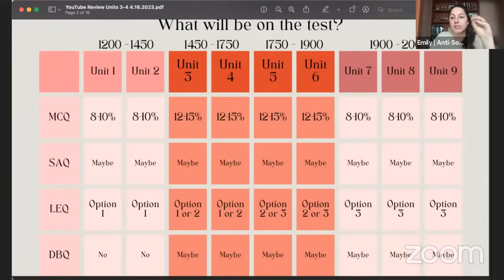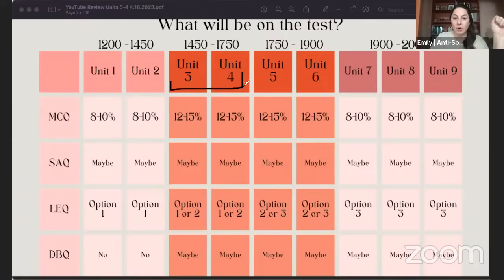What I really want us to focus on, and why I wanted to bring this up again today, is that the two most important eras for you to study between now and the exam are Units 3 and 4, which is the era we're going to talk about today, and Units 5 and 6, which is the era we're going to talk about next week.